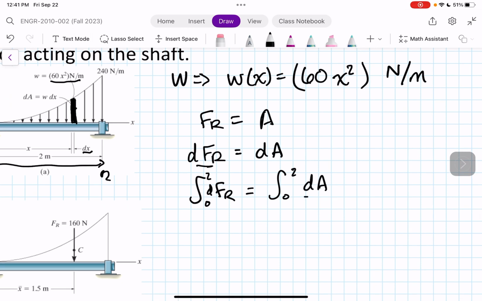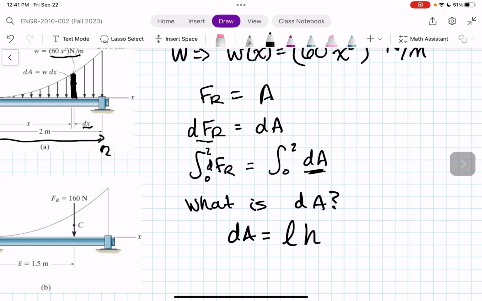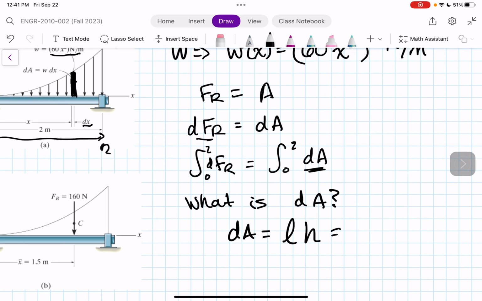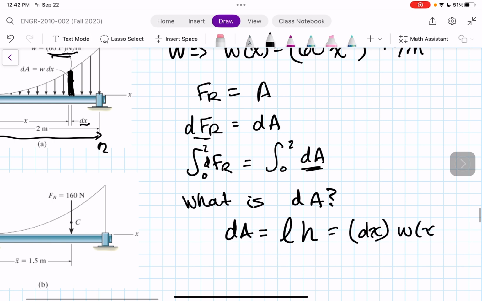But this isn't something we can integrate yet, so we need to figure out what dA is. dA is still a rectangle, length times height, or base times height. Our length is the width, so that's dx, and the height is again the function, so that's w of x.